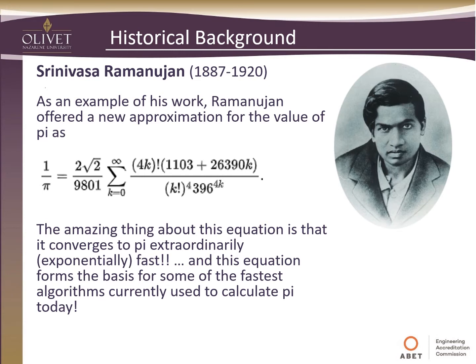So you can see from the dates of his lifespan, the 1920s, it's amazing that someone 100 years ago came up with something that's still about the best we've come up with to calculate pi. And again, we still are not exactly sure how he came up with it.